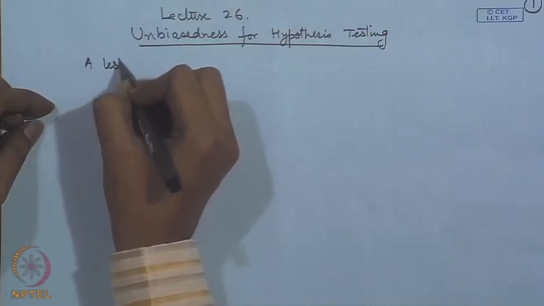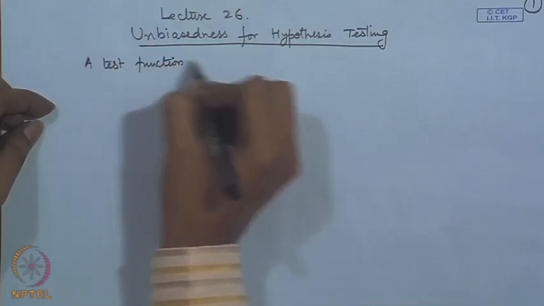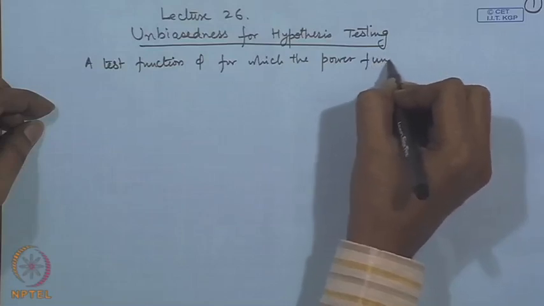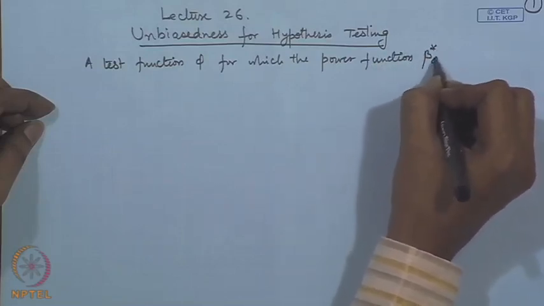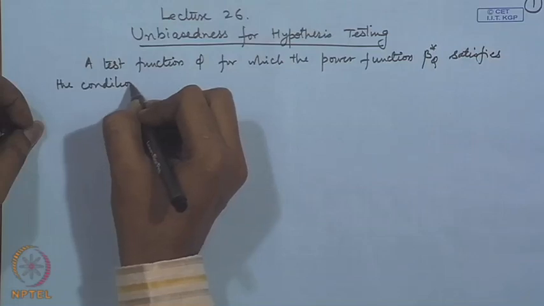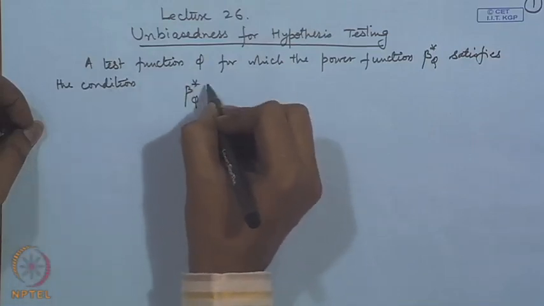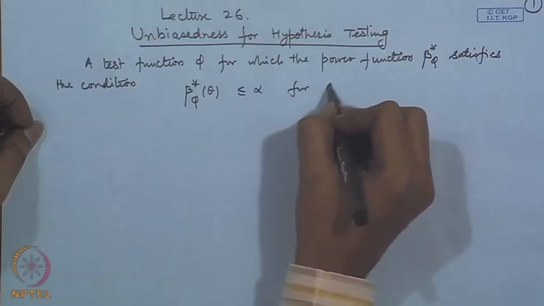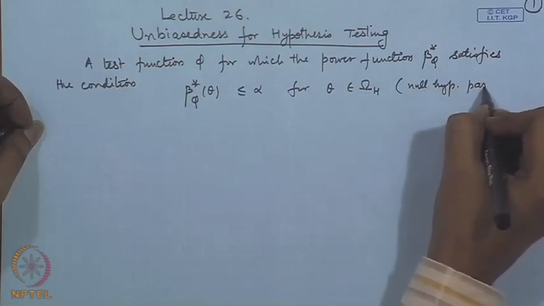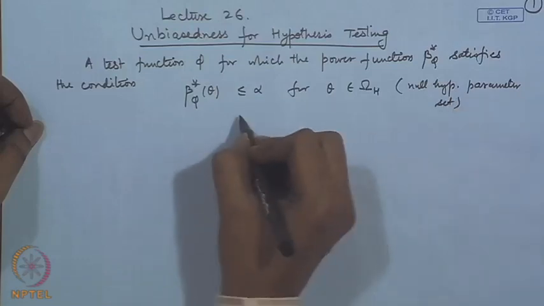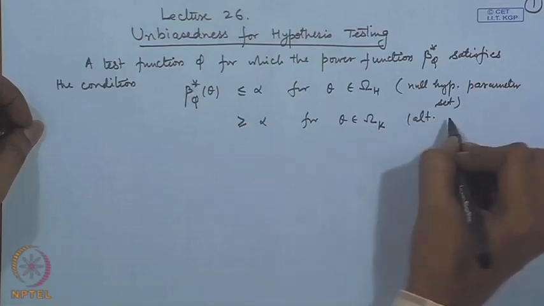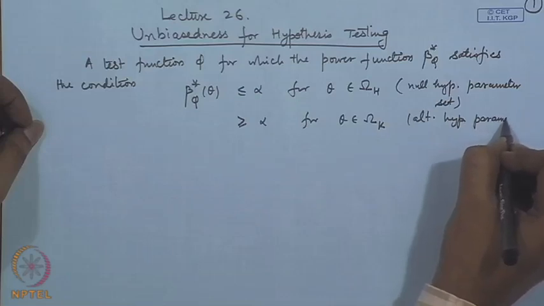A test function phi for which the power function beta phi star satisfies the condition beta phi star theta is less than or equal to alpha for theta belonging to omega h, that is the null hypothesis parameter set, and it is greater than or equal to alpha for theta belonging to omega k, that is the alternative hypothesis parameter set.